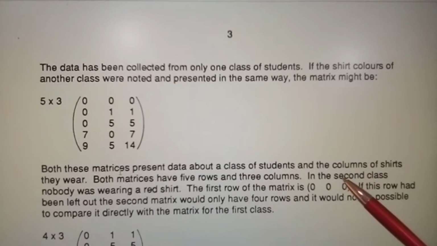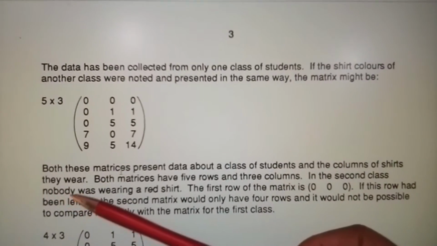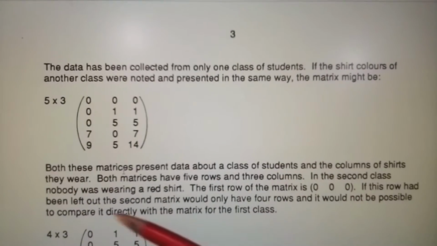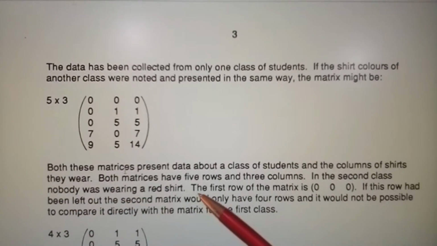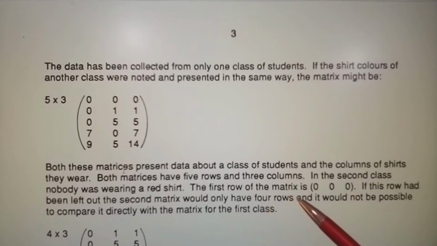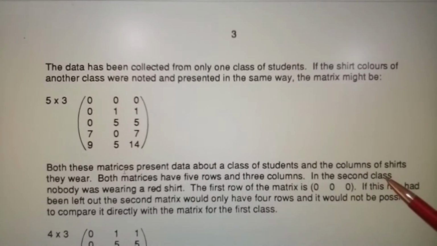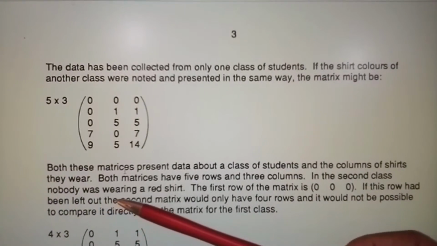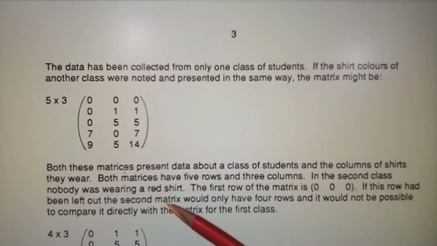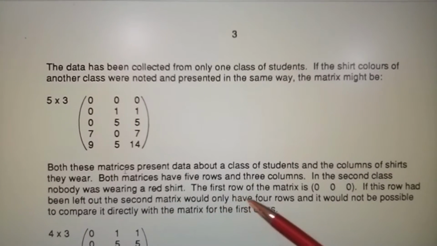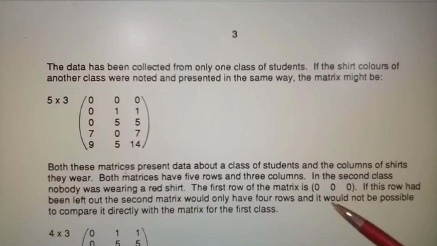Both matrices have 5 rows and 3 columns. In the second class, nobody was wearing a red shirt. The first row of the matrix is 0, 0, 0.